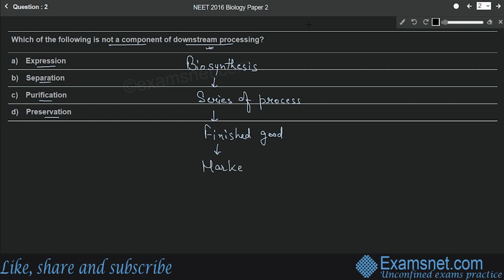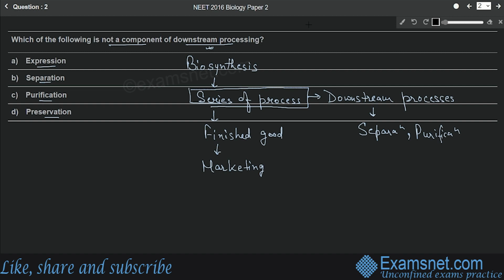Now, these series of processes are known as downstream processes. And what are the components of downstream processes? Mainly separation and purification are the components of downstream processes.